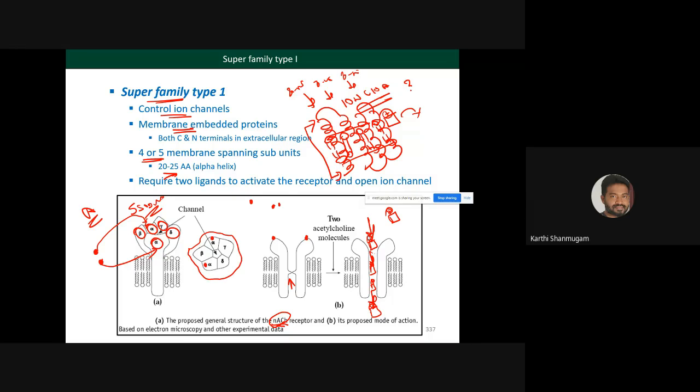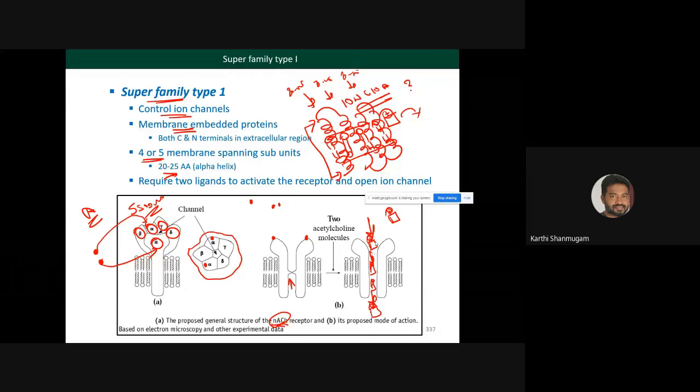How many chains or subunits are there in the acetylcholine receptor? Five, sir. What are the subunits present in the acetylcholine receptor? Two alpha, beta, gamma, and delta, sir.